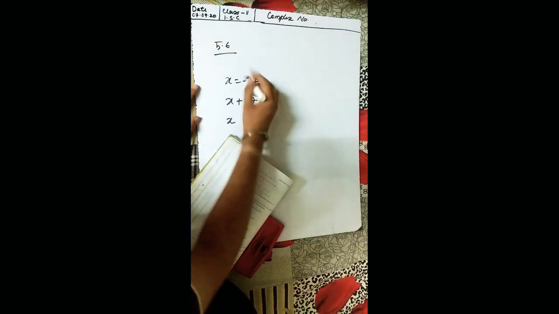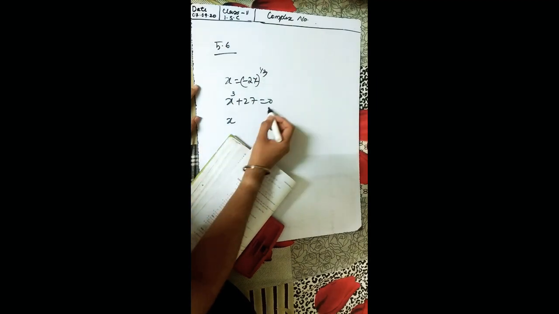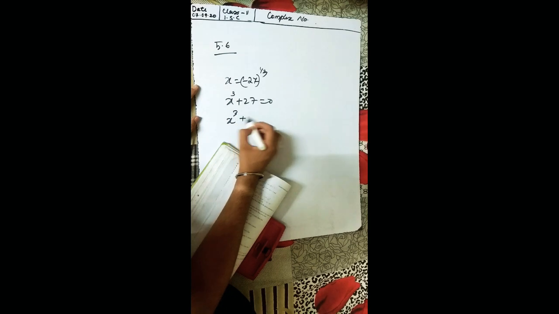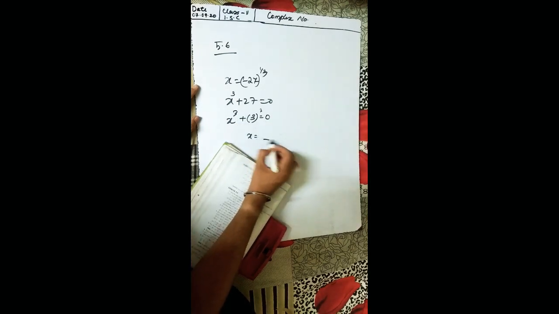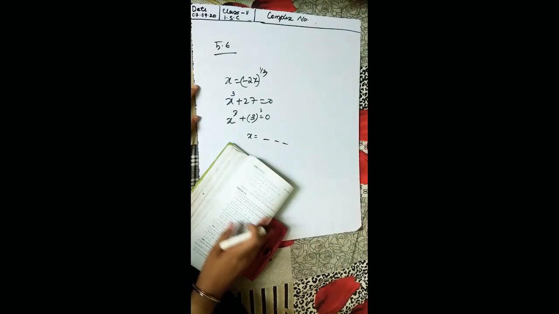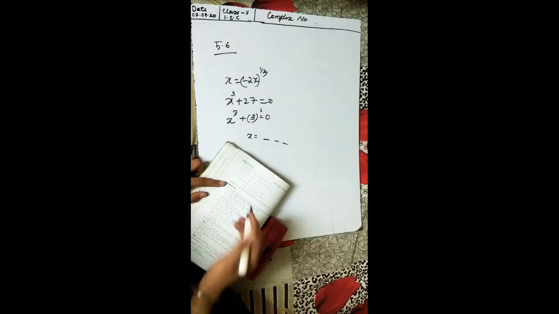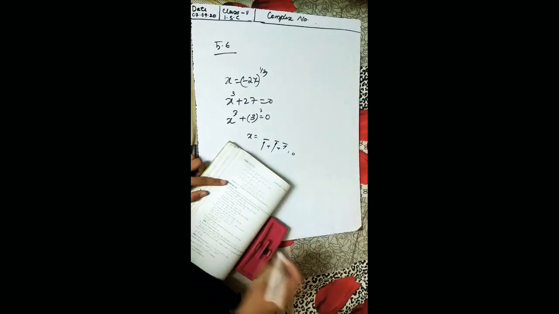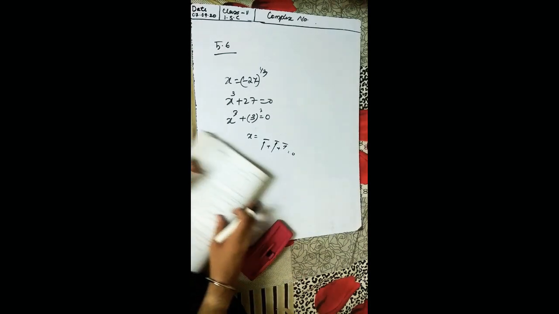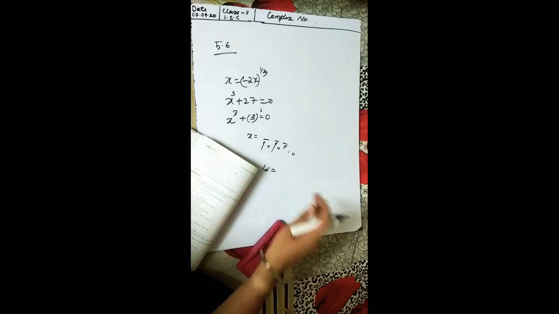Cube root, if they are asking, so 1 upon 3, and that 3 will come here, so you can understand. Okay, x cube plus 3 cube equal to 0. Now get the three values of x. After that, the sum of the cube roots is equal to 0. Sum of cube roots means whatever three values you get, just add them and get the value as 0. Or you consider omega, as I told you what to do. So you can go that way also.